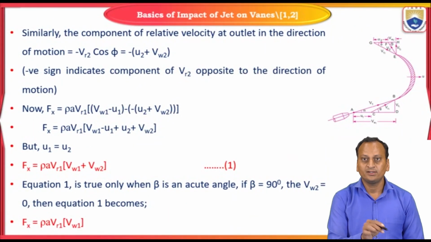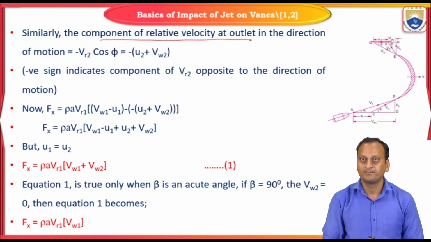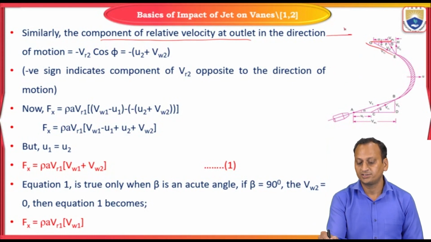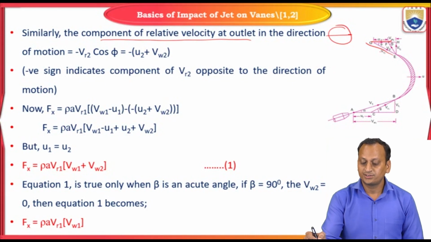Similarly, at the outlet, the component is minus VR2 cos phi. This is the component of relative velocity at outlet in the outlet velocity triangle. As this is moving in the opposite direction, we have to consider a negative sign. So that is minus VR2 cos phi, which is nothing but minus of U2 plus VW2.